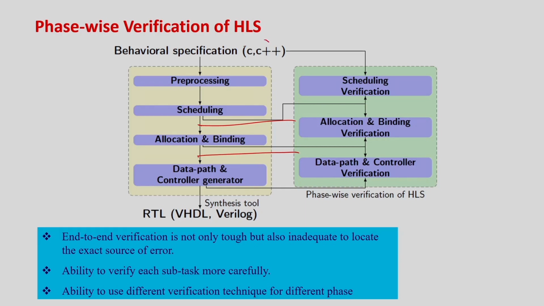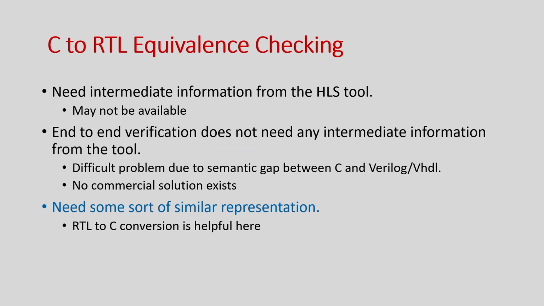On the other hand, C and RTL, which are the input and output of the program, are always available. So, an end to end equivalence checking for high level synthesis, where you have only the C code and the RTL and no intermediate information, is very important and will be useful. Okay.